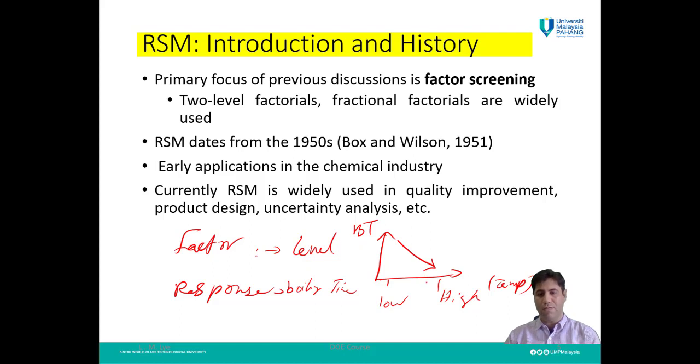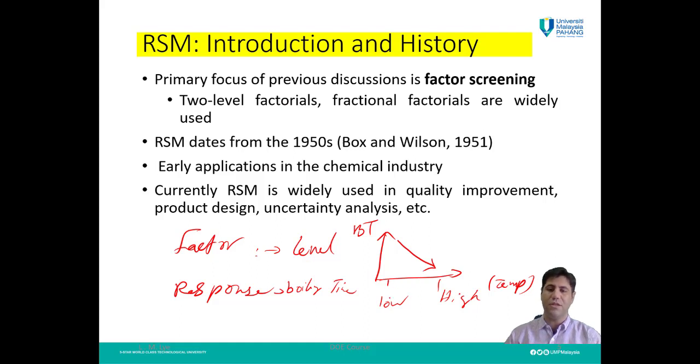So by the factorial design, you can see how the temperature affects the boiling time. And we had the fractional factorial and two-level factorials and so on, which were useful methods to find this effect.